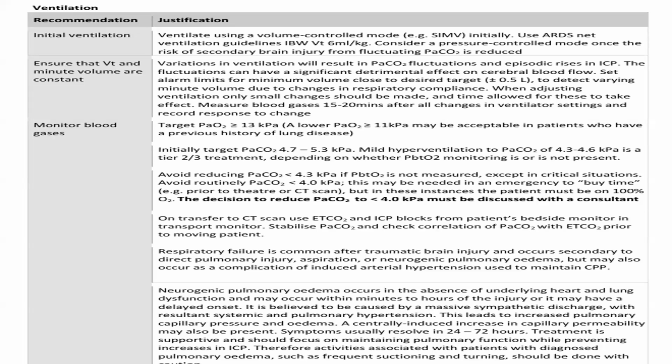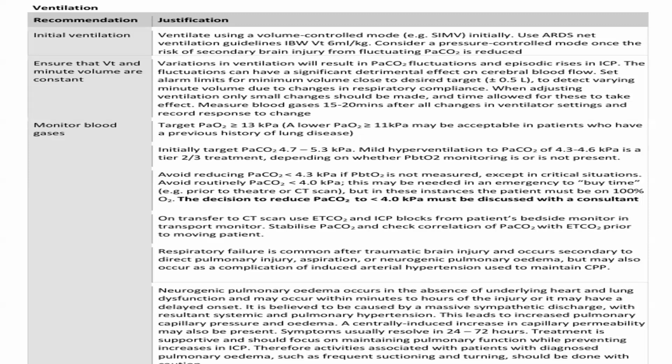Then, respiratory failure is common after traumatic brain injury and occurs secondary to direct pulmonary injury, aspiration, or neurogenic pulmonary edema. Neurogenic pulmonary edema occurs in the absence of underlying heart and lung dysfunction and may occur within minutes to hours of injury, and it may have delayed onset. It is believed to be caused by a massive sympathetic discharge with resultant systemic and pulmonary hypertension.